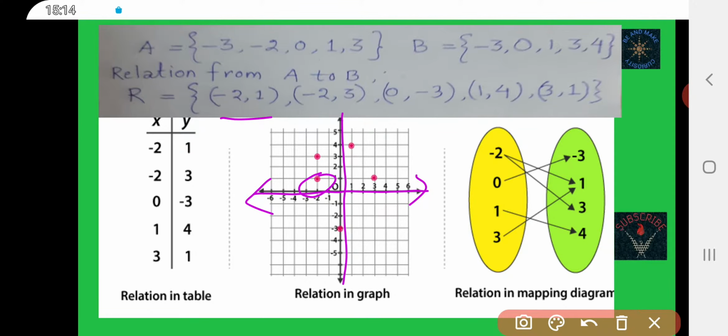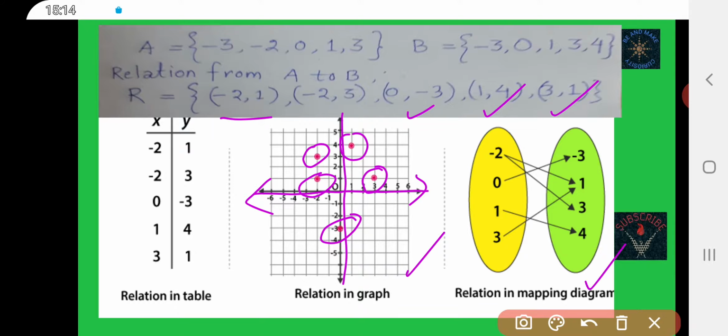And (-2, 3), this point. (0, -3), (1, 4), this point, and (3, 1), this point. So that is the relation in a graph.